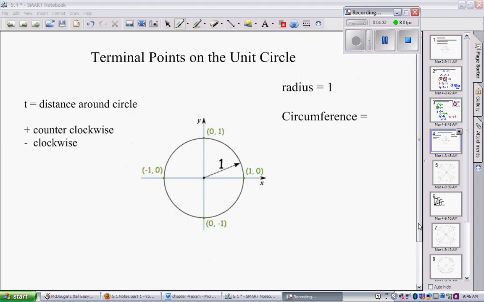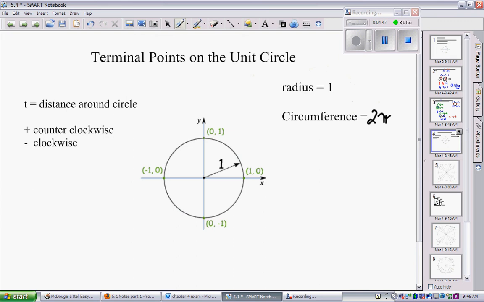So looking at the full unit circle, we have what's called terminal points, and that's just points that are on the unit circle. With our radius always being 1, our circumference, using the formula 2 pi r, with r equal to 1, just goes to 2 pi. The distance around the circle is 2 pi.